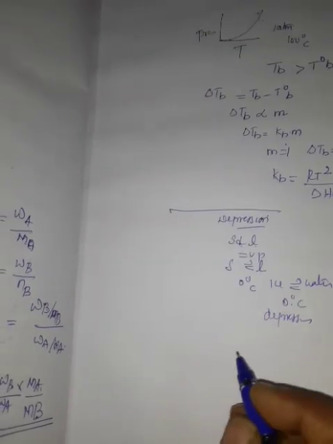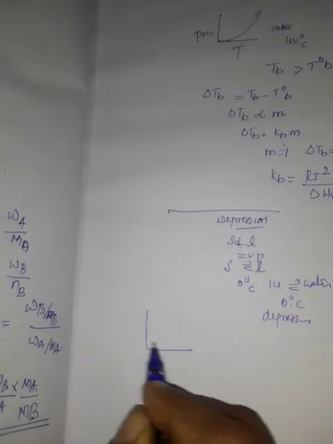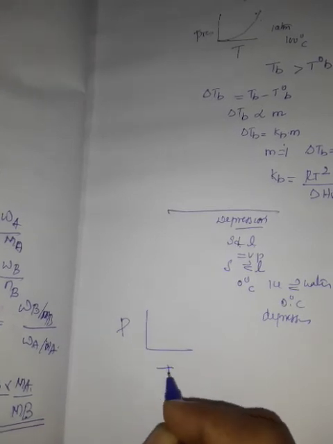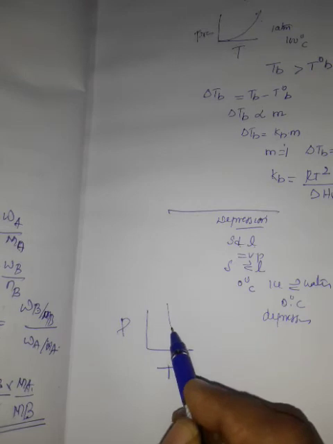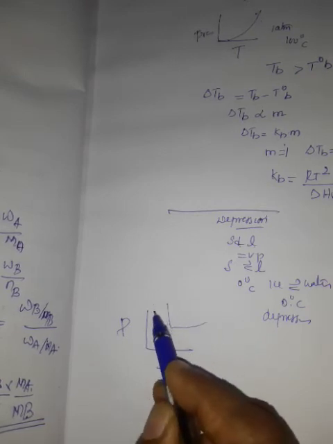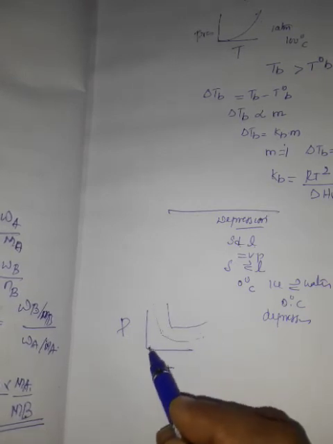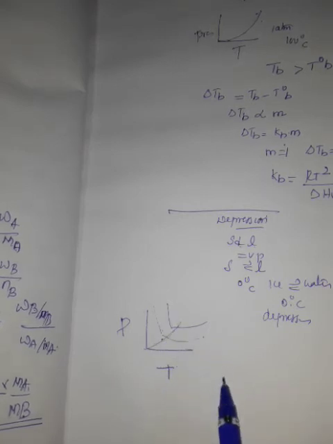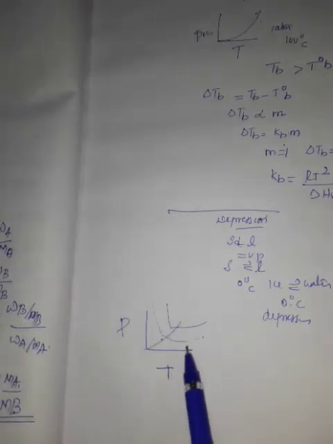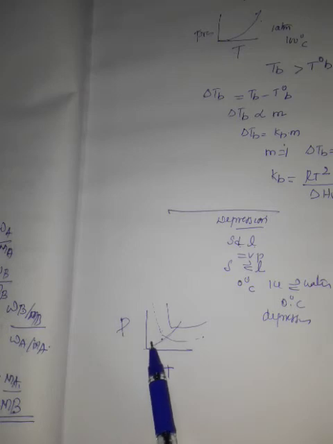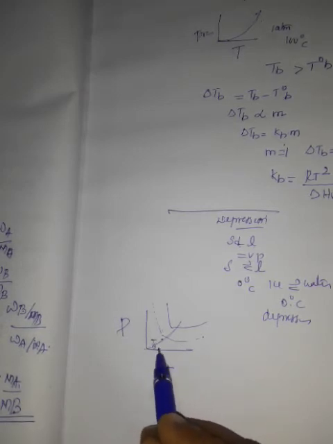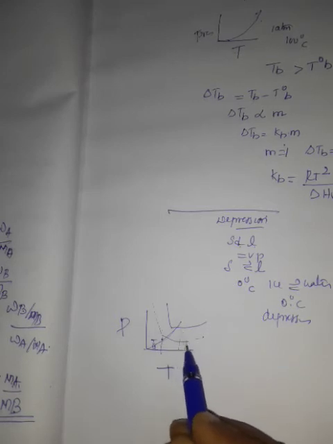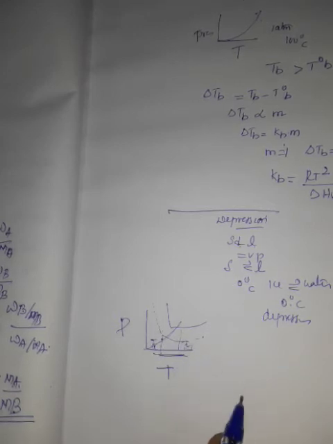So, in the graph of pressure versus temperature, for the solvent the curve gets decreased, so for the solution it also gets decreased, because below that it is frozen. The temperature Tf here, then T0f. This difference is called the depression in freezing point.